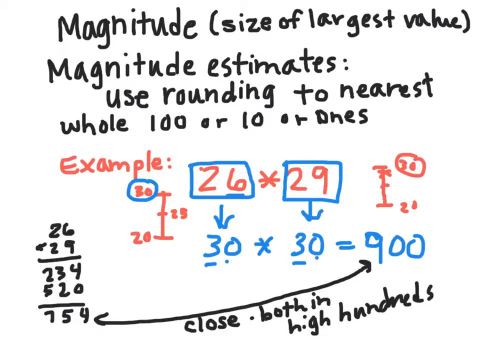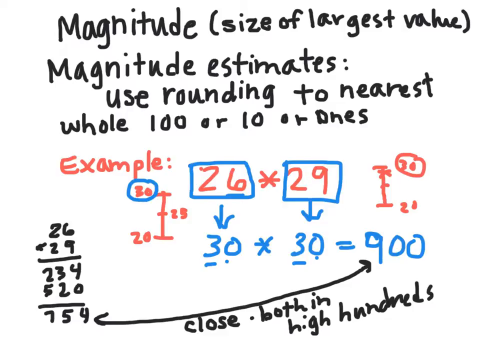So if you take a look at the 26, and off to the left of the 26, I drew a little range bar, and 26 falls in between the magnitude of tens, between 30 and 20. And 26 falls just above the halfway mark, and that makes it bump up.